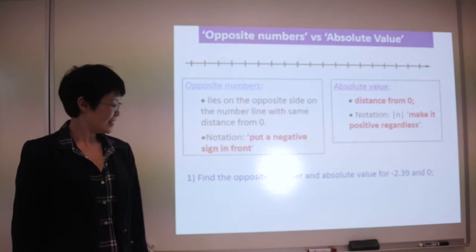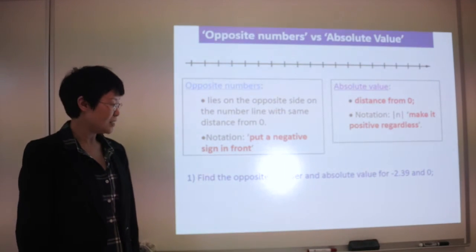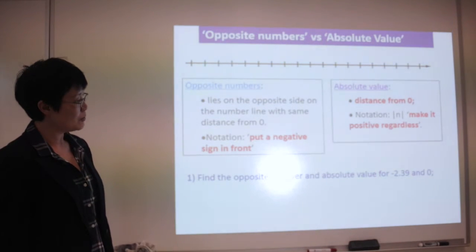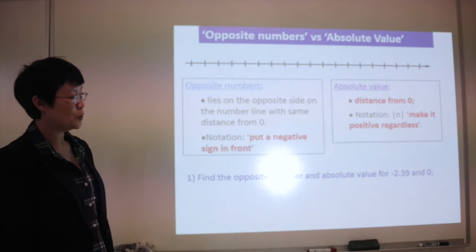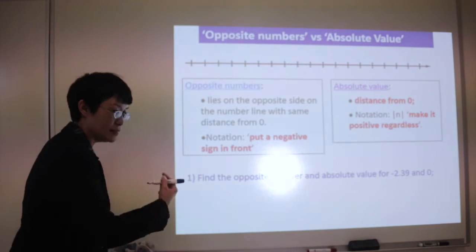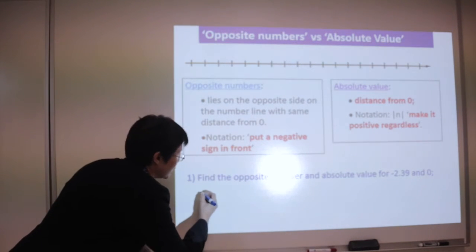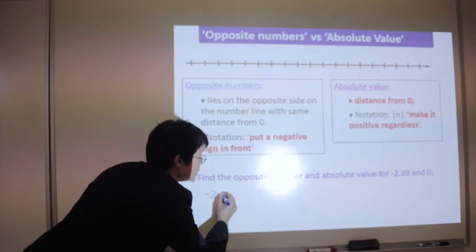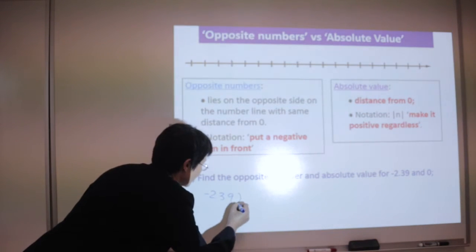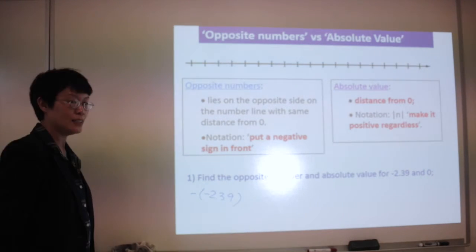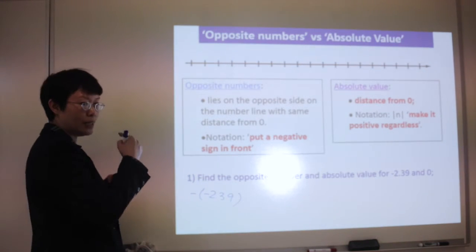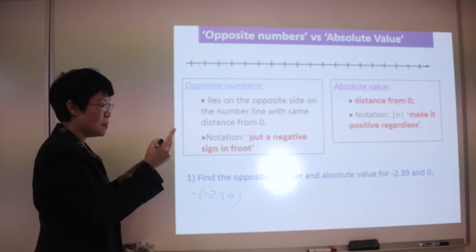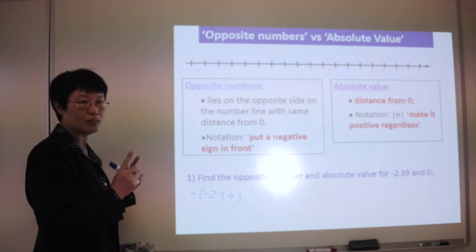Welcome back. Let's have a look at the first question. Find the opposite number and the absolute value for negative 2.39. For the opposite number, we simply put a negative sign in front of it, because we are looking for a number on the opposite side of negative 2.39 but with the same distance from 0.